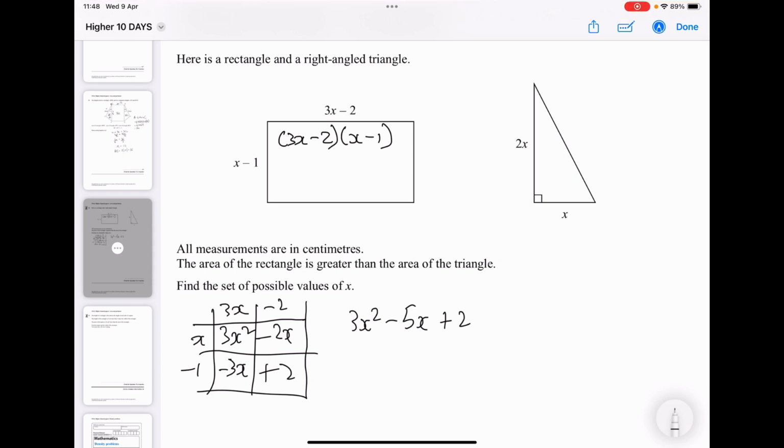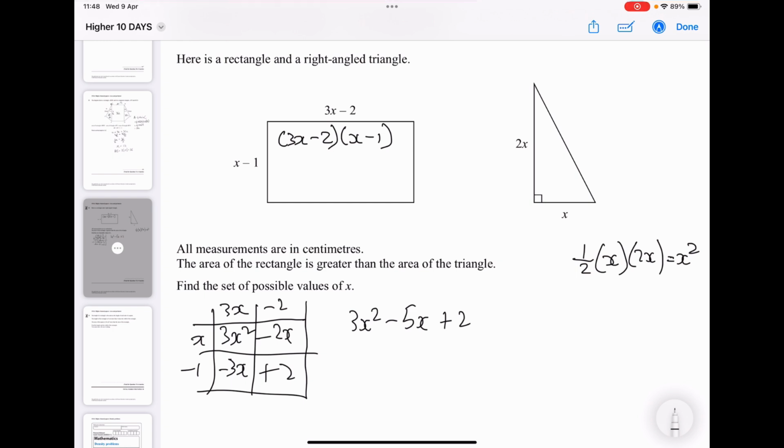The area of the triangle is half times the base, which is x, times the height, which is 2x, and that is x squared.